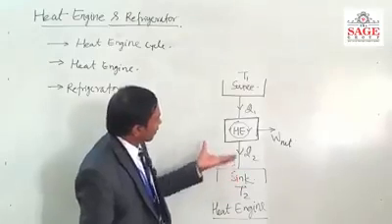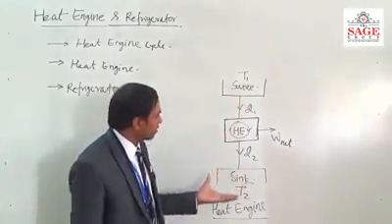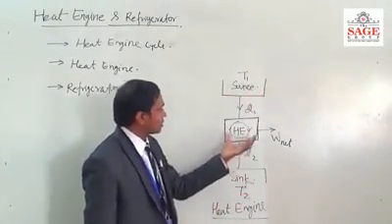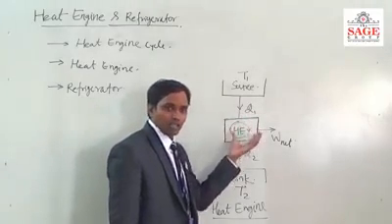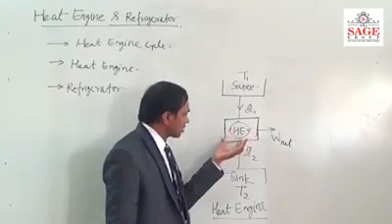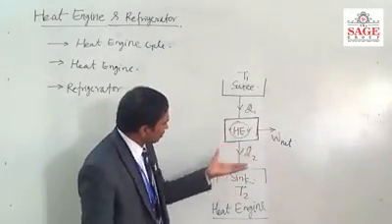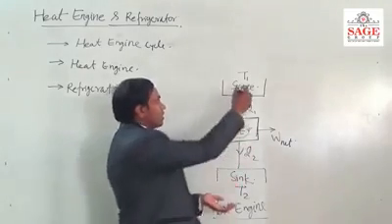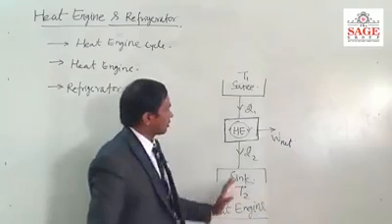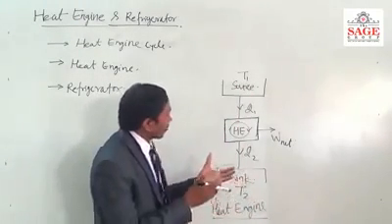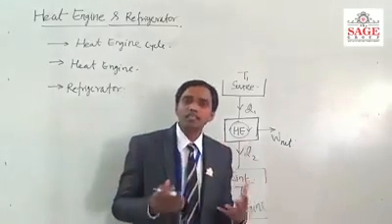Now in this block diagram there are three important parts. The first one is the source, another is the sink, and this is the thermodynamic cycle which works on a heat engine cycle, that is the heat engine. Now we can see from this block diagram, these are the two thermal energy reservoirs. A thermal energy reservoir is a reservoir with infinite heat capacity.